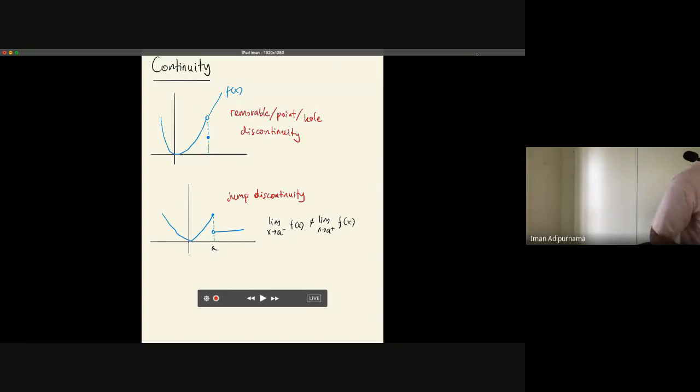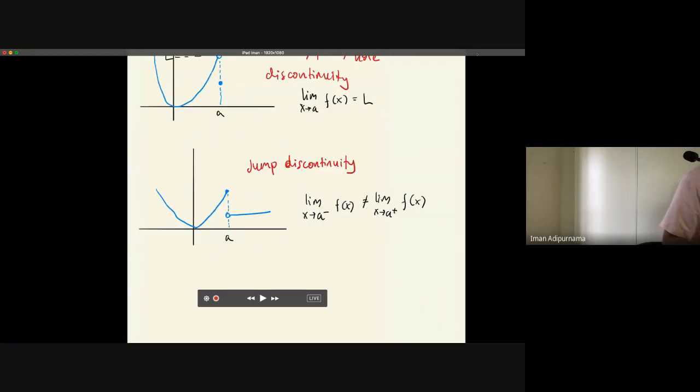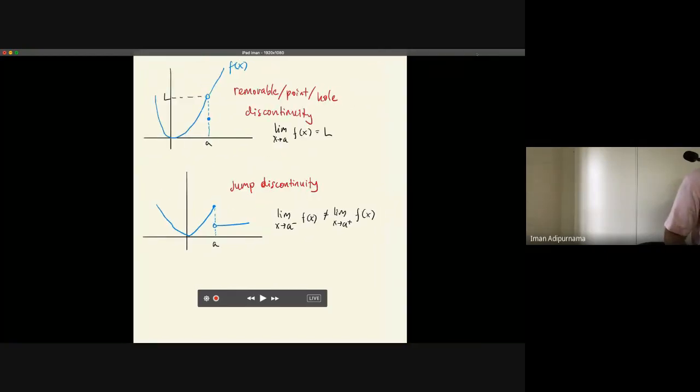Let me write here limit. When you see a jump, it's obviously not continuing the line. And then another one.